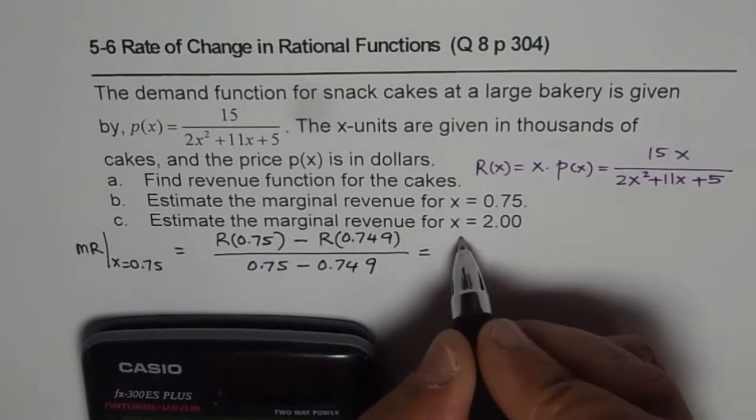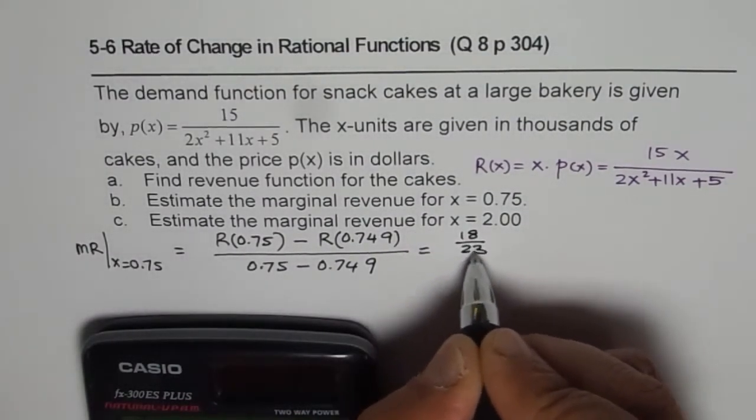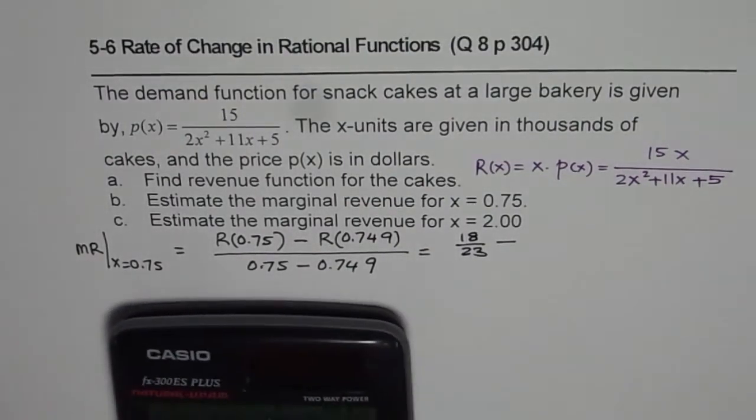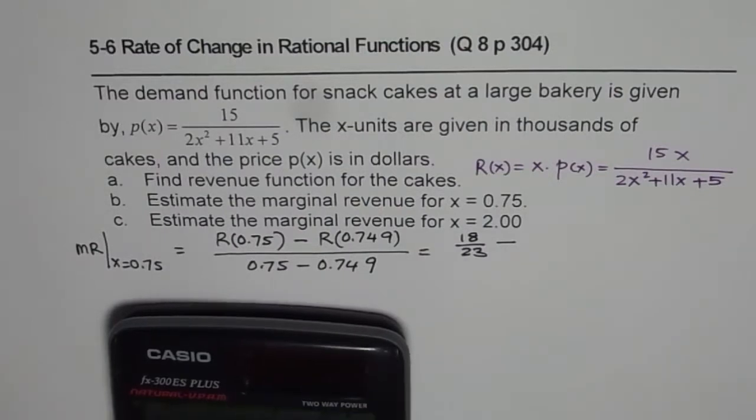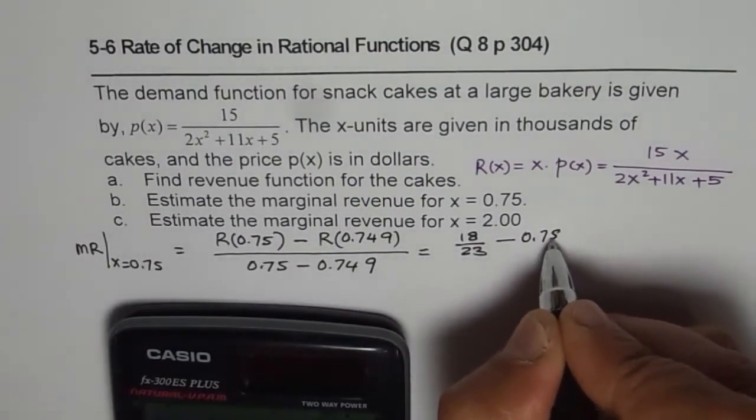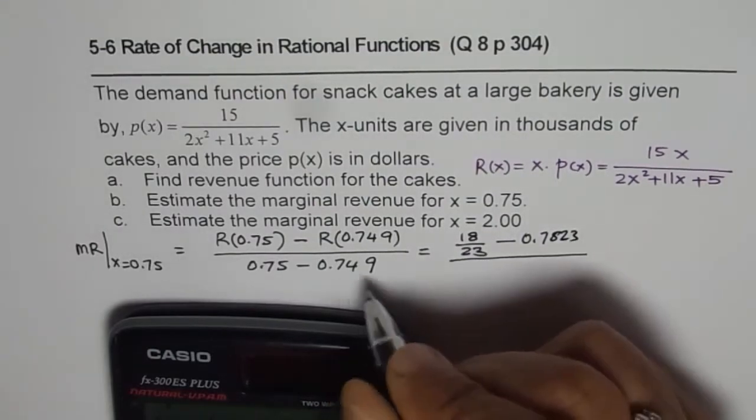So we'll write here 18 over 23, take away, and we do the same calculation for 0.749. So 15 times 0.749 in the numerator, divided by, within brackets, 2 times 0.749 squared plus 11 times 0.749 plus 5, which gives us 0.7823, divided by this difference.